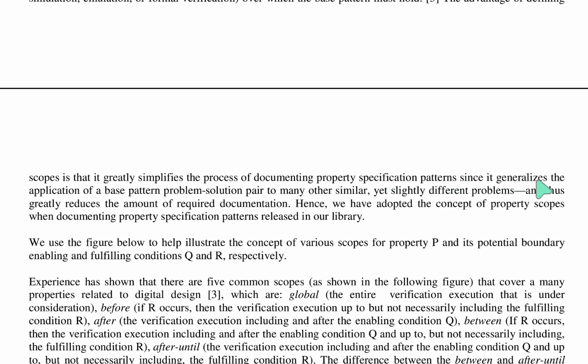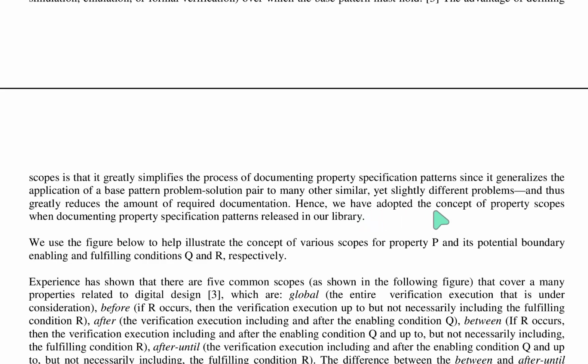Since it generalizes the application of a base pattern problem solution to many other similar, yet slightly different problems, it greatly reduces the amount of required documentation.